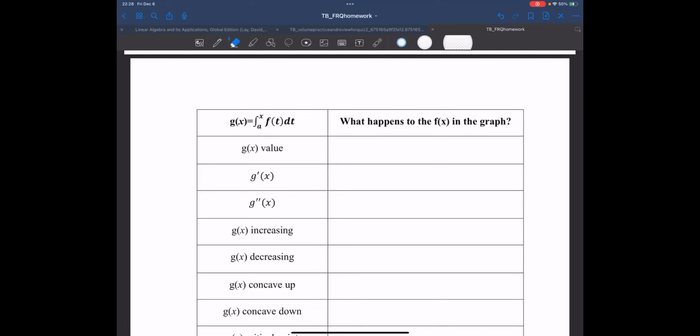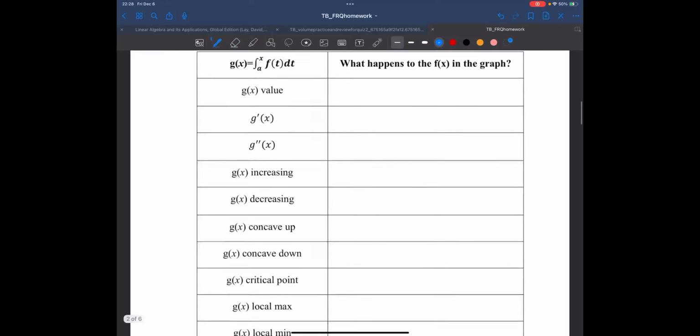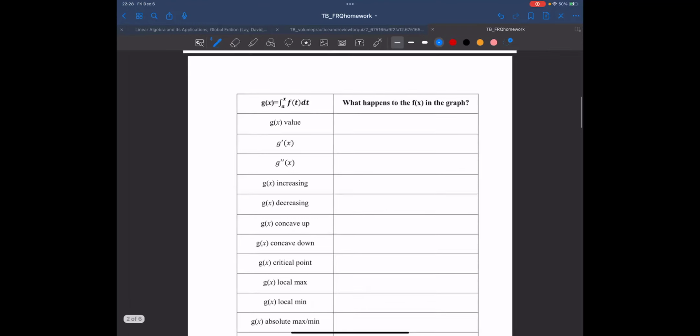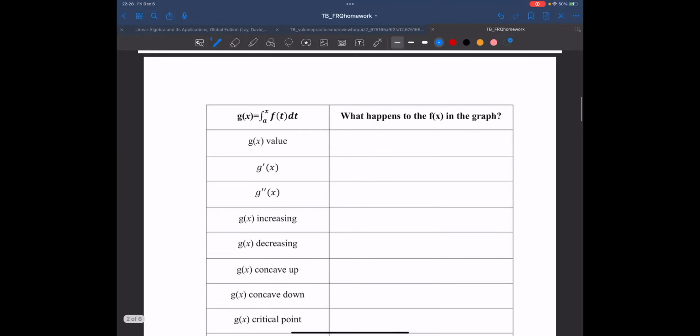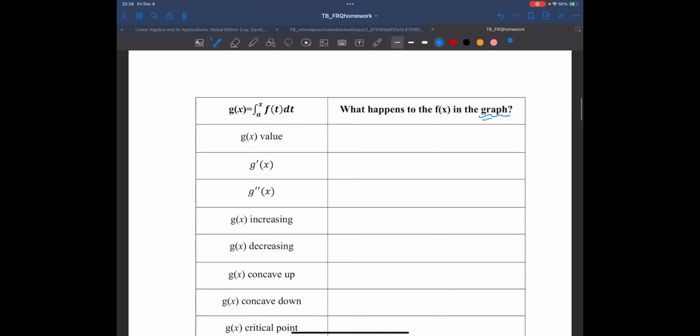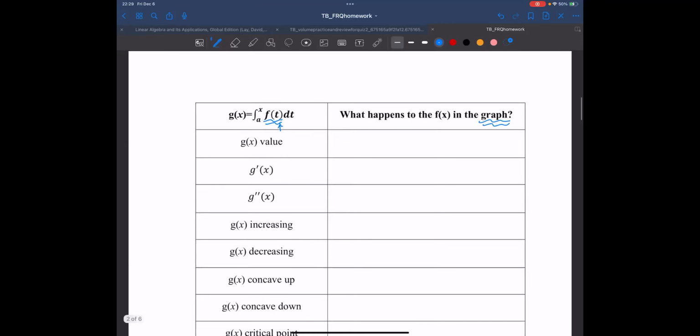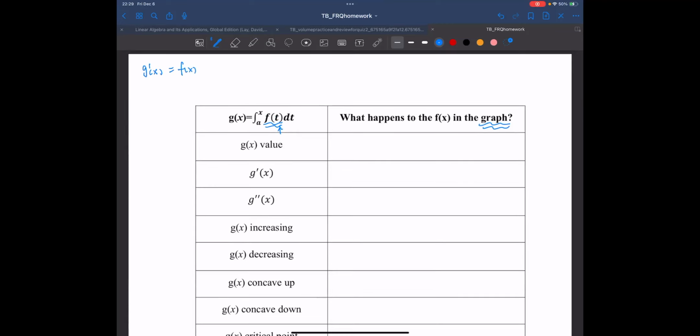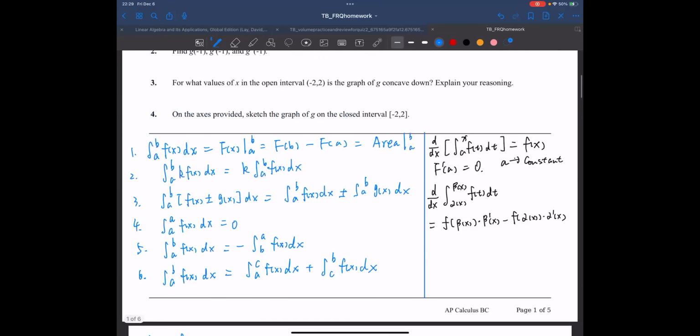Okay, that means if we have the questions about the g x, we can see that so many of them. G x value, horizontal tangent line, concave up, concave down, but the graph, you can see the graph. It's about the f x, just inside here. Or you can just write it, use the FTC, the second FTC. So we can just write it down as g prime x equals f x. Right? Just here.